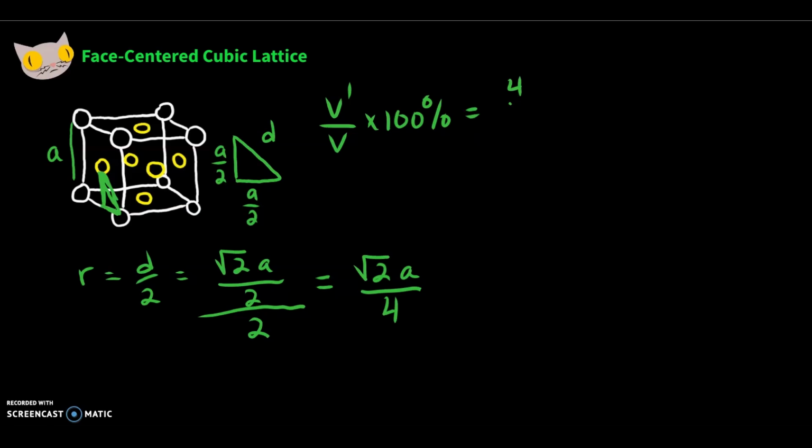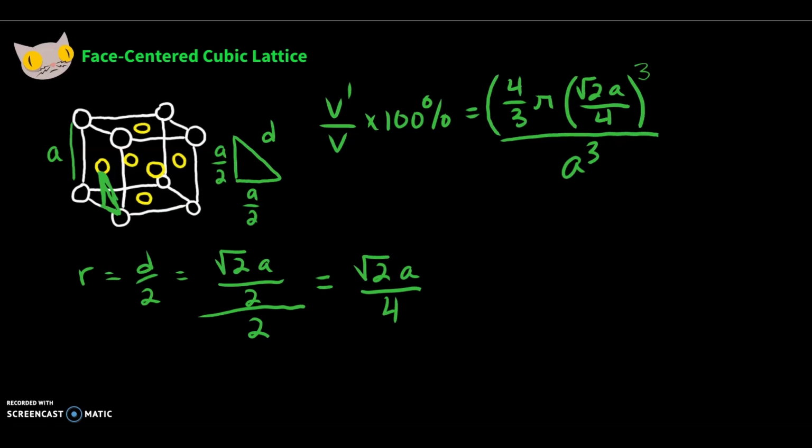We have 4 over 3 pi times r, which is square root 2a over 4, and remember that's all cubed, over a cubed.